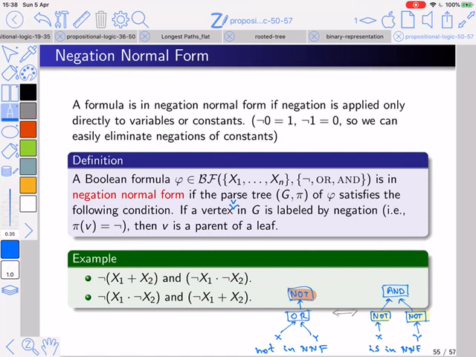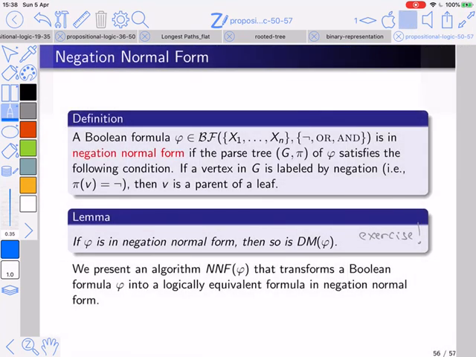Okay? So in negation normal form, all the negations are applied to leaves. A leaf is either labeled by a variable or by a constant. So the two leaves here are labeled by two variables, x and y. Now, here comes the interesting lemma.